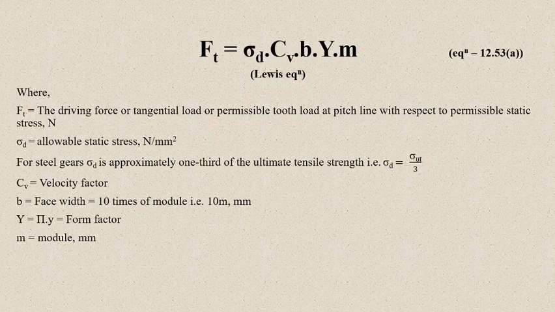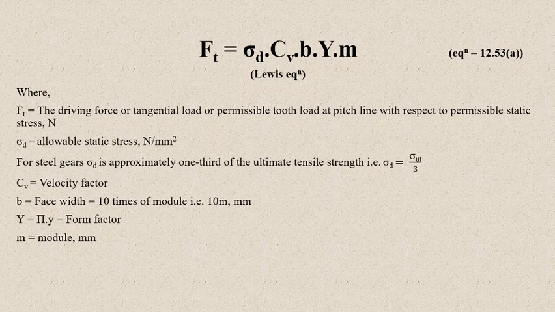This is the Lewis equation used for the worm gear pair. In this, Ft represents the same as in the spur, helical and bevel gear. It is the maximum value of tangential force that the tooth can transmit without bending failure.